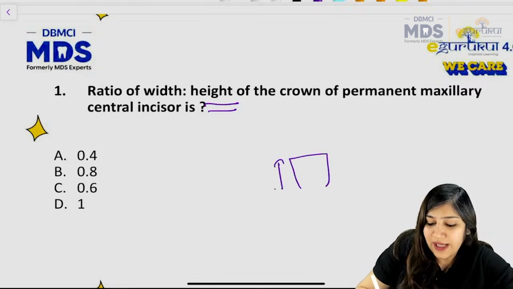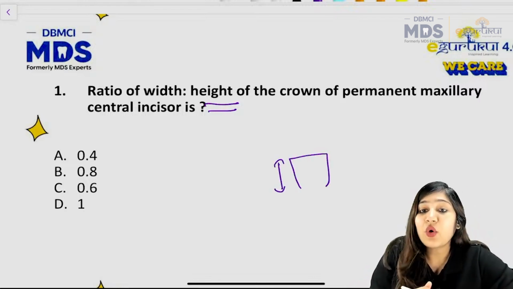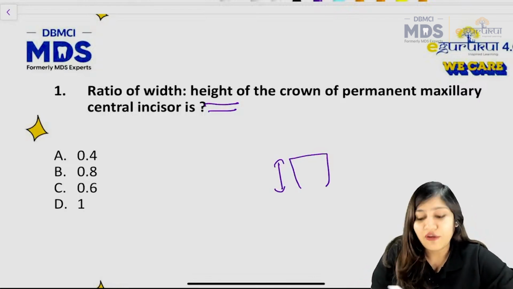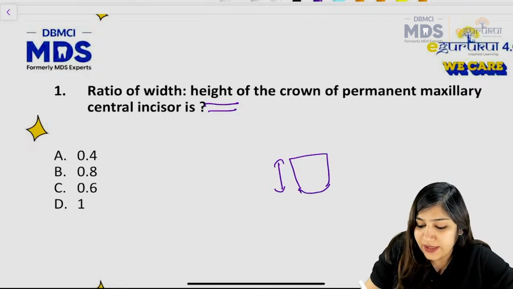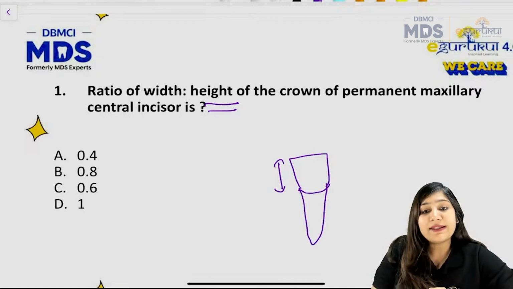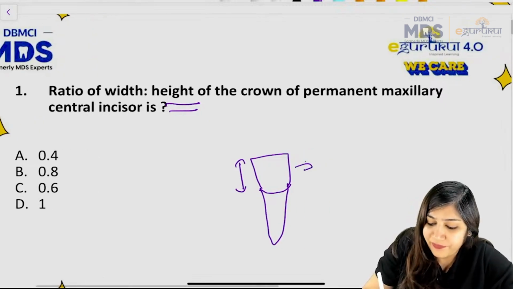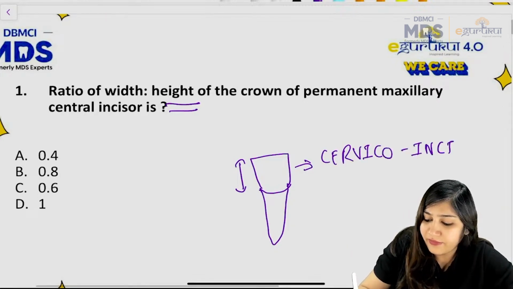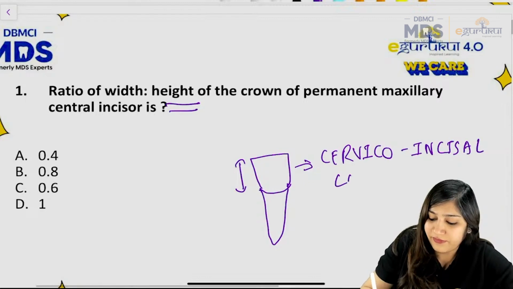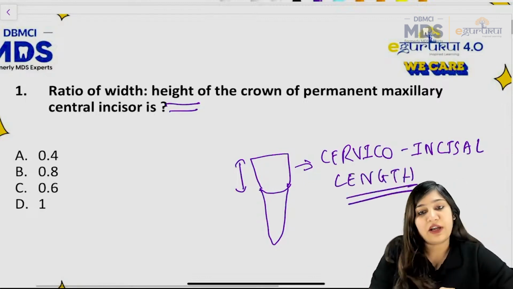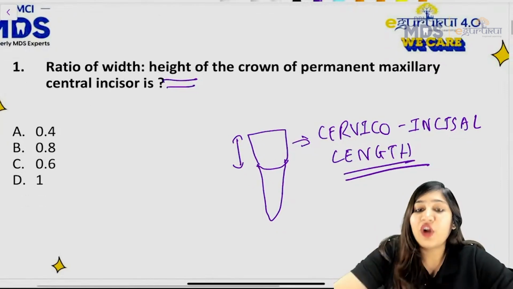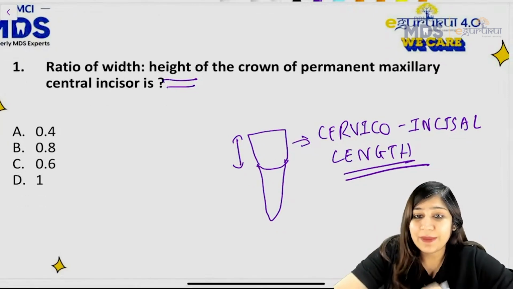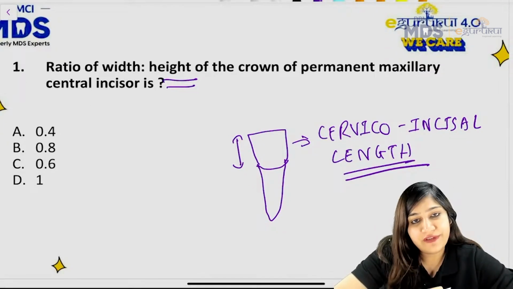This will be the height, that is the cervico-incisal length of the crown. For that you need to know the table which is given in your Wheelers.